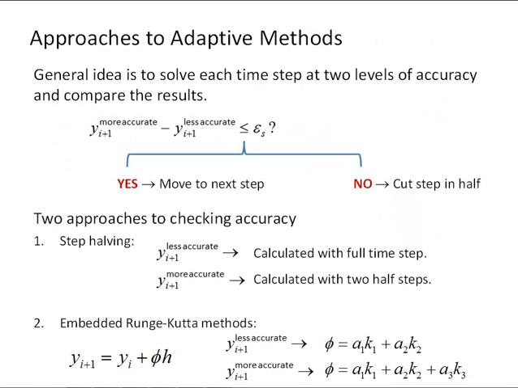There are two basic approaches to adaptive methods. The general idea is to solve each time step in the solution at two levels of accuracy and then compare the results. So we'd have a more accurate solution and a less accurate solution, and we could look at the difference between the two and compare it to some stopping criterion or tolerance.